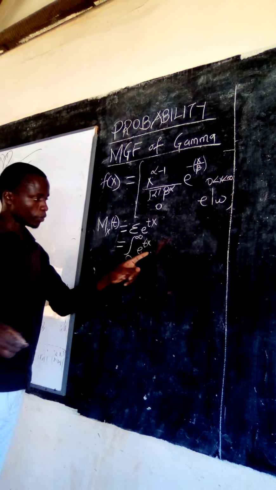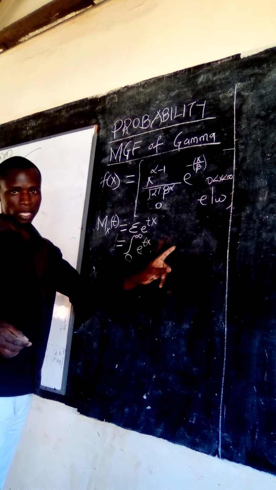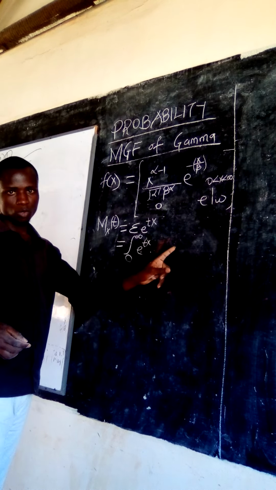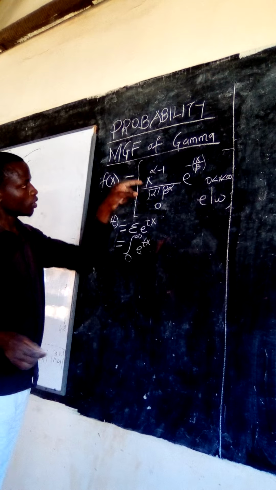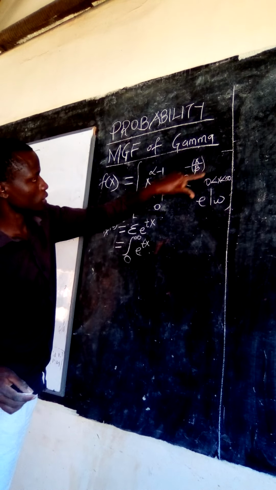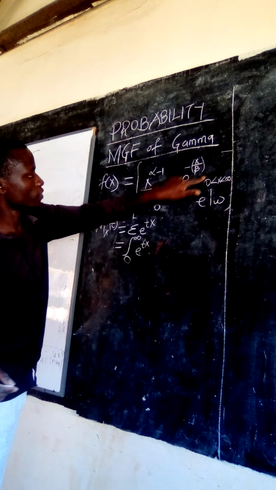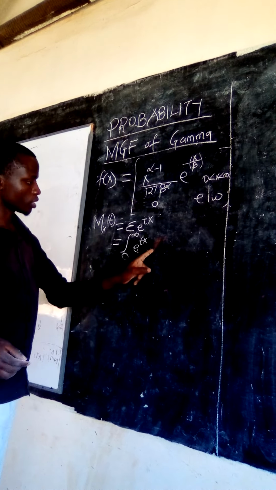times the probability that X turns to x. And what is that probability? It is from the provided PDF. So the probability is this one here. Just take this function the way it is and write it here.